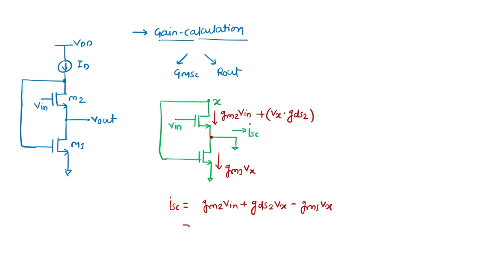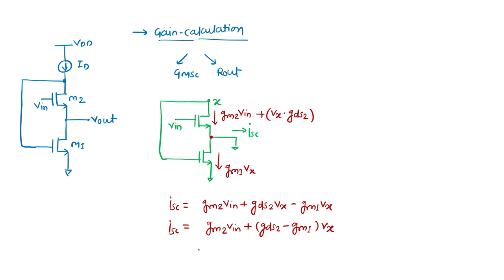From here I can write GM2 Vin plus (GDS2 minus GM1) Vx. Are we able to find the relation of ISC by Vin? No, because the Vx term is still there. How do we eliminate Vx from here? Is there any relation between this Vx and Vin?